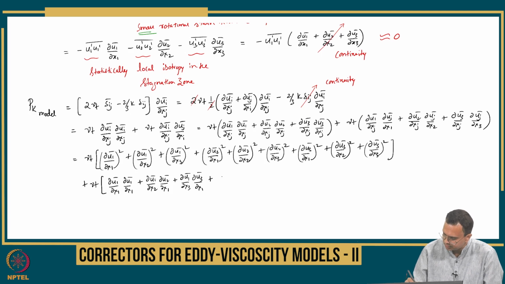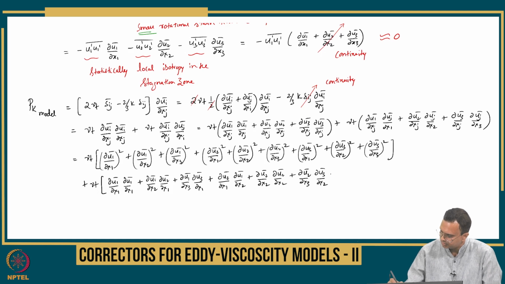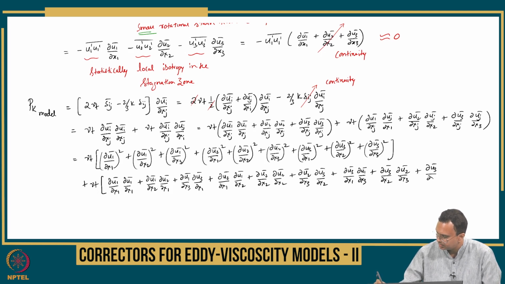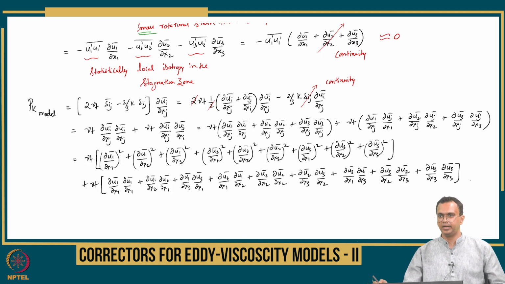The second term on the right hand side part, which is dou u2 bar by dou x1 dou u1 bar by dou x2 plus dou u2 bar by dou x2 dou u2 bar by dou x2 plus dou u2 bar by dou x3 dou u3 bar by dou x2, right, and then the last term, which is dou u3 bar by dou x1 dou u1 bar by dou x3 plus dou u3 bar by dou x2 dou u2 bar by dou x3 plus dou u3 bar by dou x3 dou u3 bar by dou x3. Okay, 9 plus 9, 18 terms.